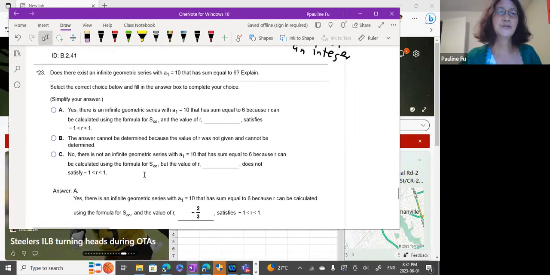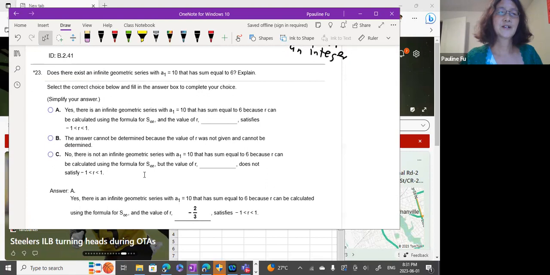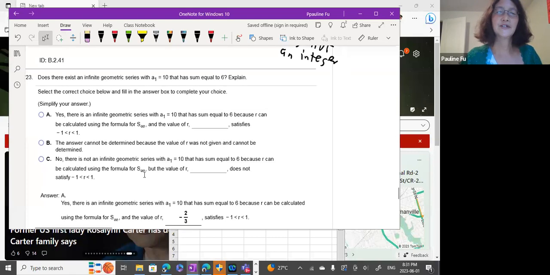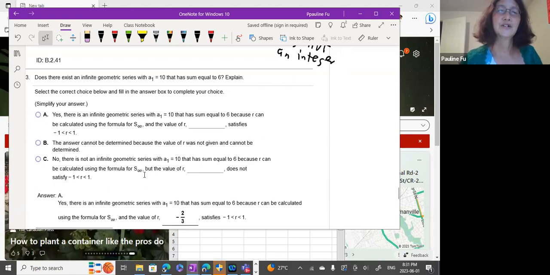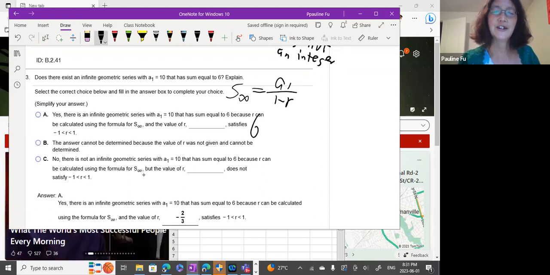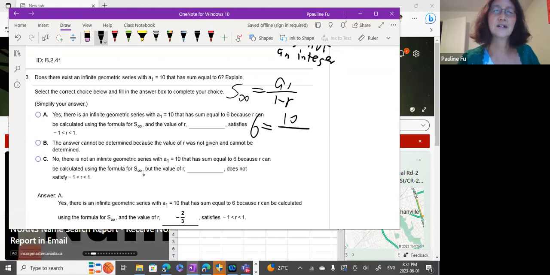Okay, question 23. Does there exist an infinite geometric series with A1 is 10 that has a sum equal to 6? Remember, for a geometric sequence, the infinite sum equals the first item over 1 minus r. So the sum is 6, the first item is 10, and we solve for r.